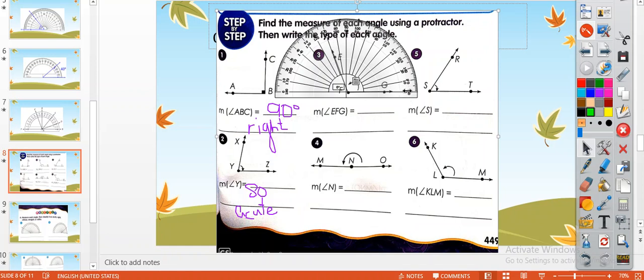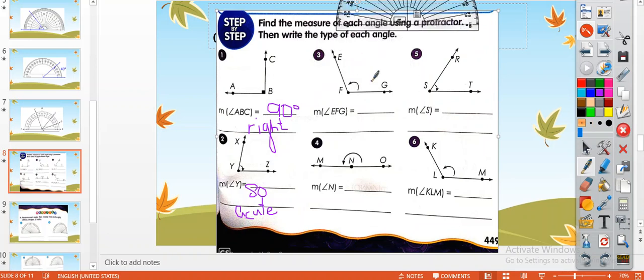Yes. Remember, you're using the lower scale, 10, 20, 30, 40, until you reach the 110. And to make it more reasonable, think, because this angle is an obtuse angle, so it will be 110 because it's more than 90. So this is called an obtuse angle.